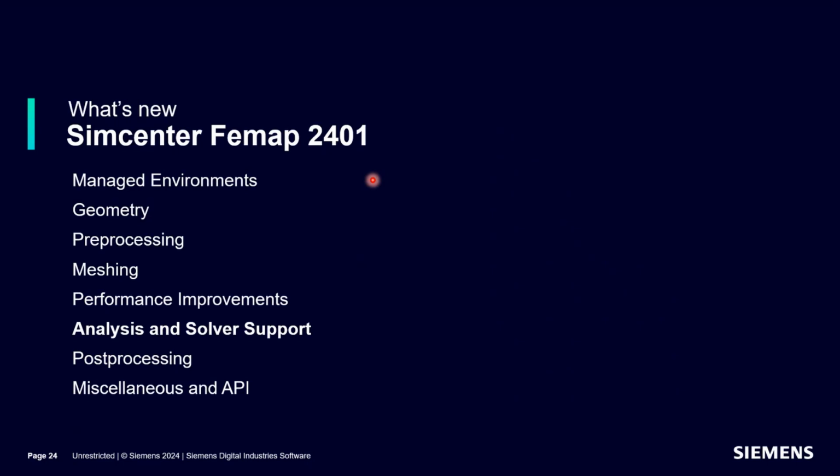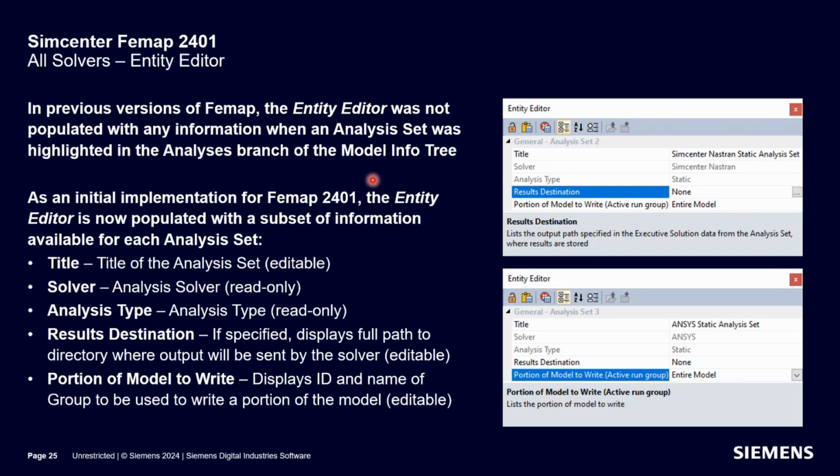All right, moving into analysis and solver support. This is one of my personal favorite updates because I'm going to brag a little bit. I suggested this, so I already see some improvements to my suggestions. I know that this can probably go a little further, but something I noticed when I was using Femap is that you can edit a lot of things in the editor, but you couldn't access any information about analysis sets.